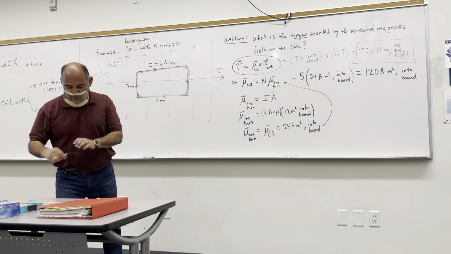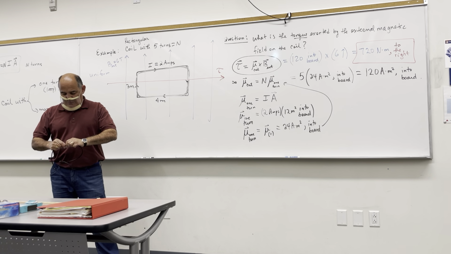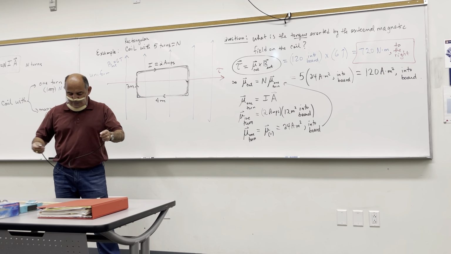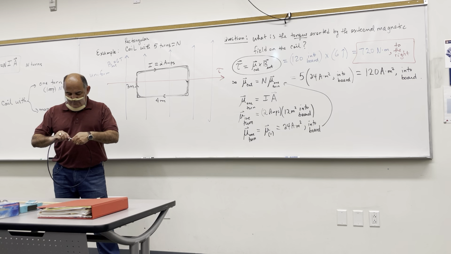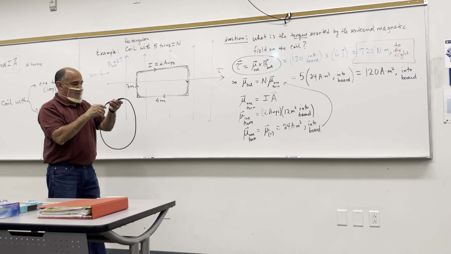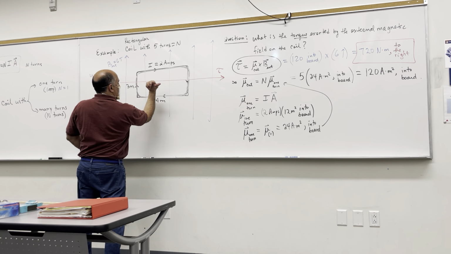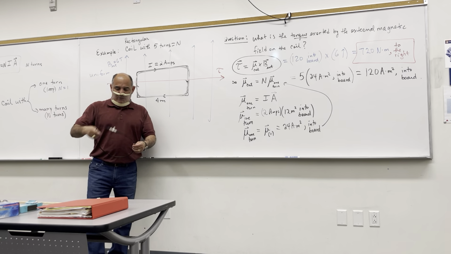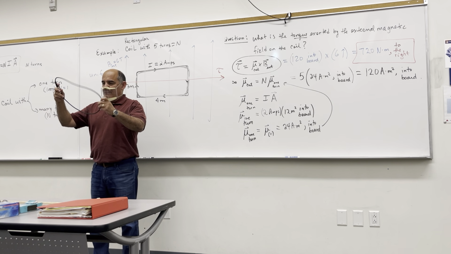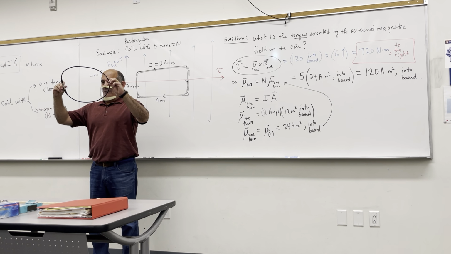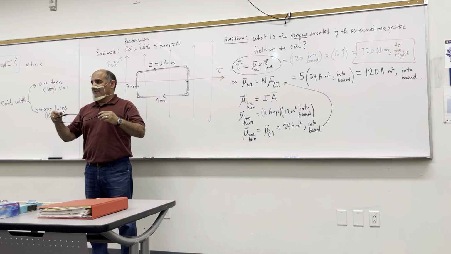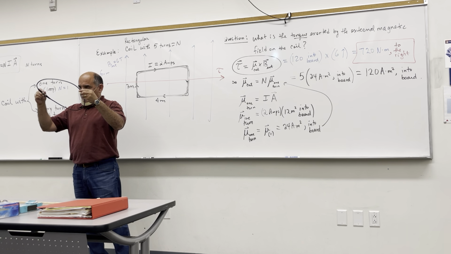In other words, the loop, which actually has 5 turns, but I'm just going to draw one here. The torque vector is that way, so the top of it is going to come out, and the bottom of it is going to go into. So it would rotate with this one coming towards you, and the bottom away from you. Get it? Like this. It will rotate like this.